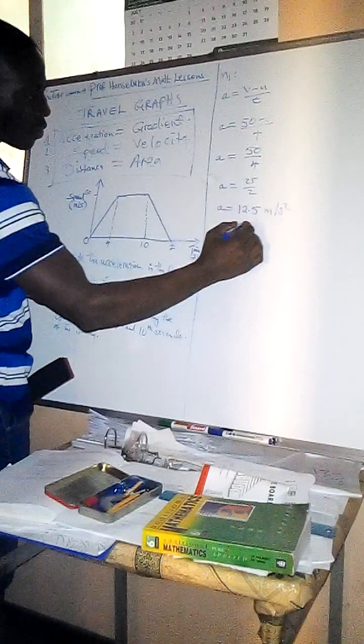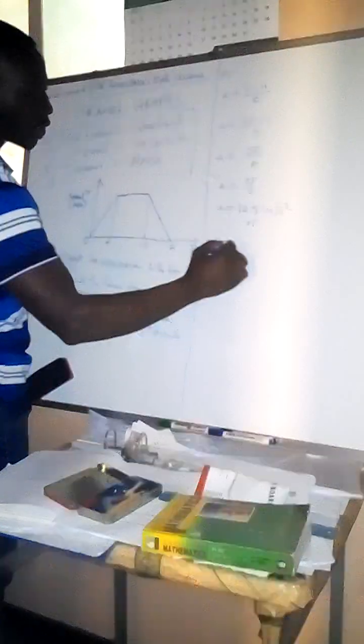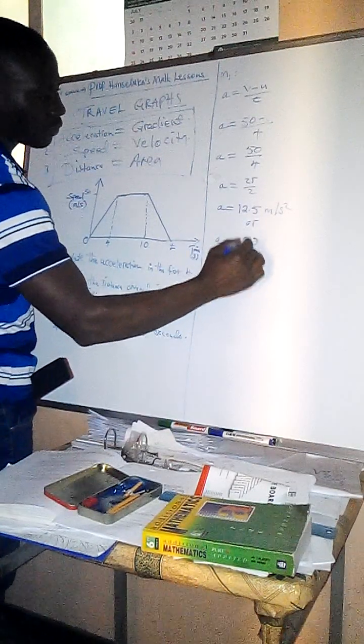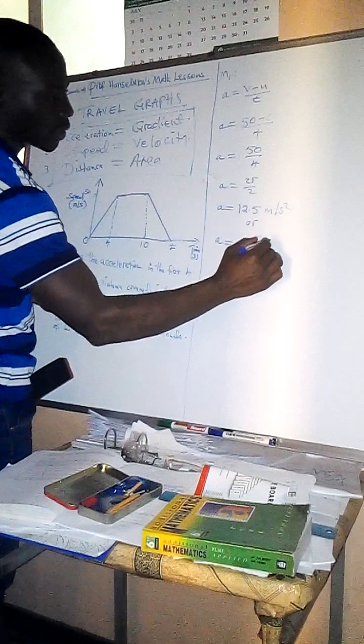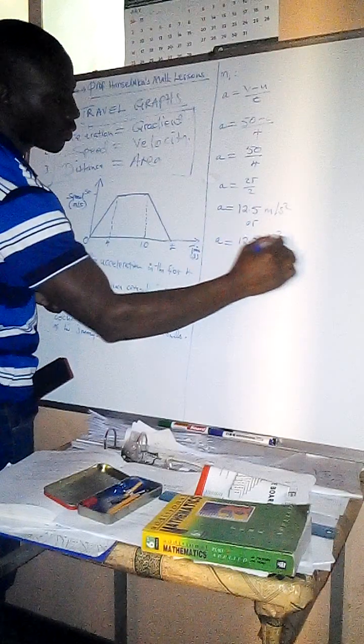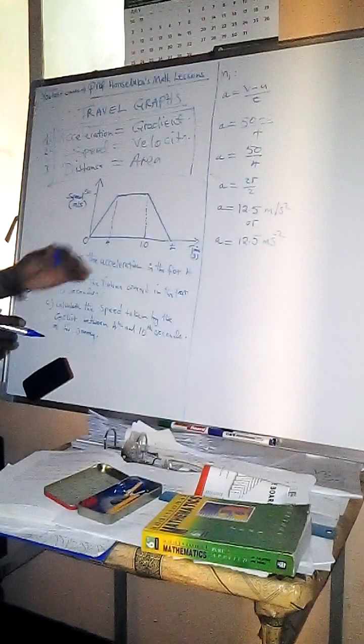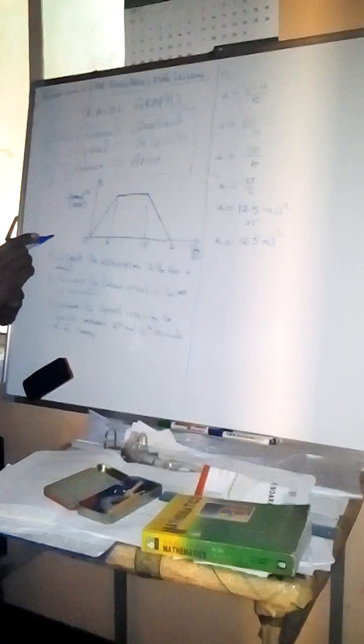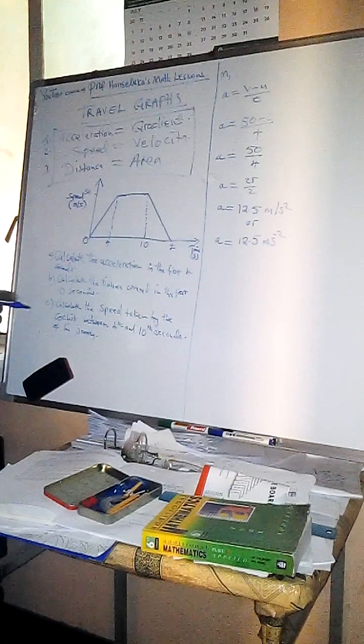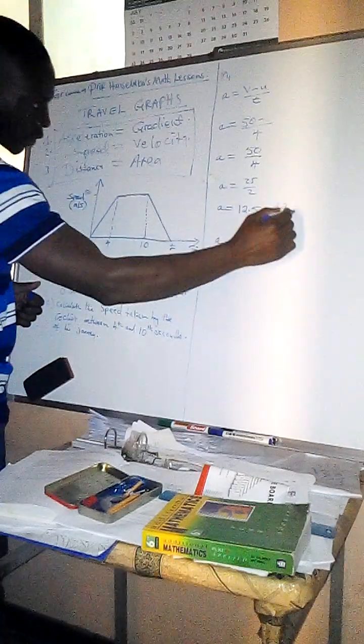You can write it this way, or you can say acceleration is 12.5 meters second to the negative 2. This is one and the same thing.